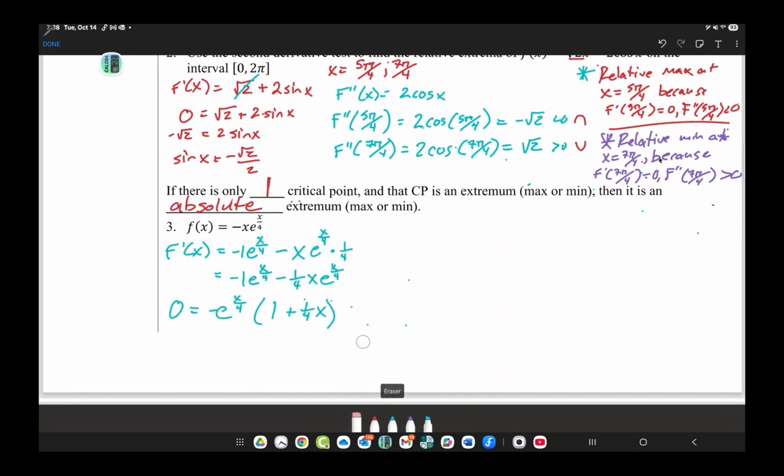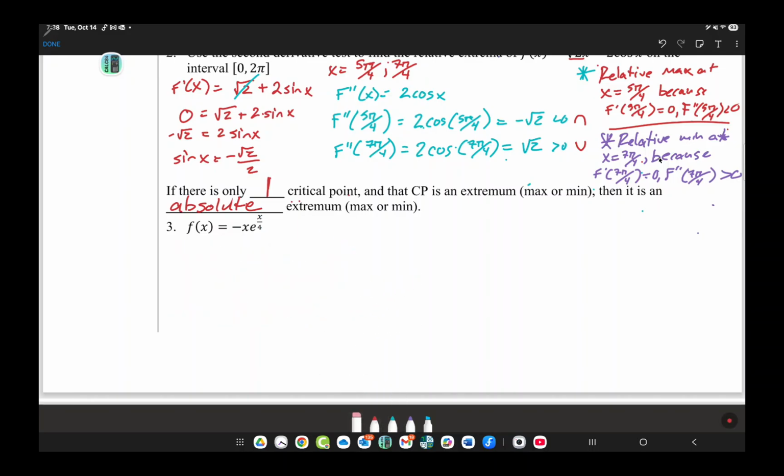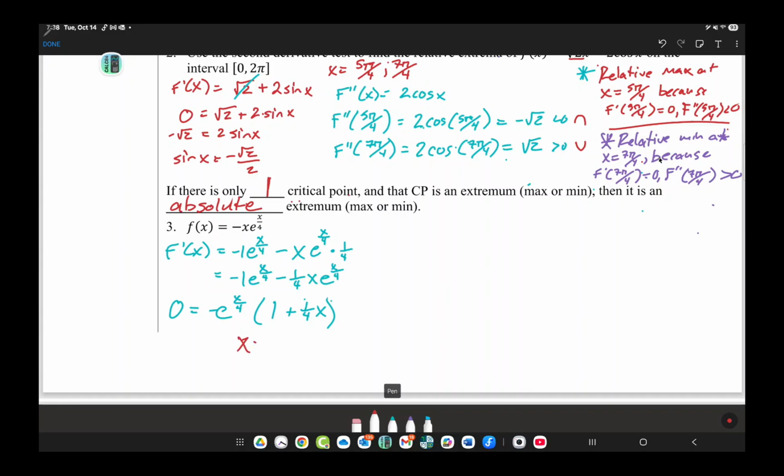So what would x have to be in order to make this 0? X equals negative 4. Now, there is nothing that's going to make the e to the x over 4 equal to 0, so I don't worry about that. There's no value I can put in an exponent that makes something 0. It doesn't exist. So don't worry about that part. So just the parentheses. So again, we do only have one critical value or critical point.